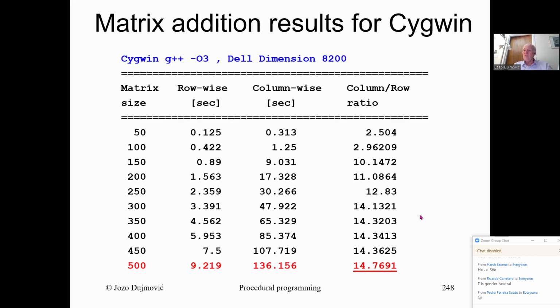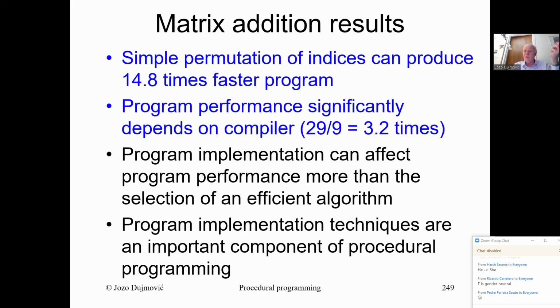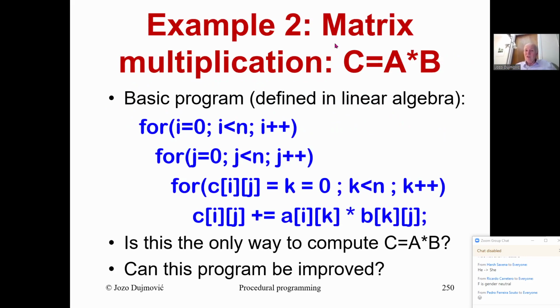And this is dramatic. Now, you can say, okay, is this something that happens always? Yes, it happens always. Look what happens in matrix multiplication.